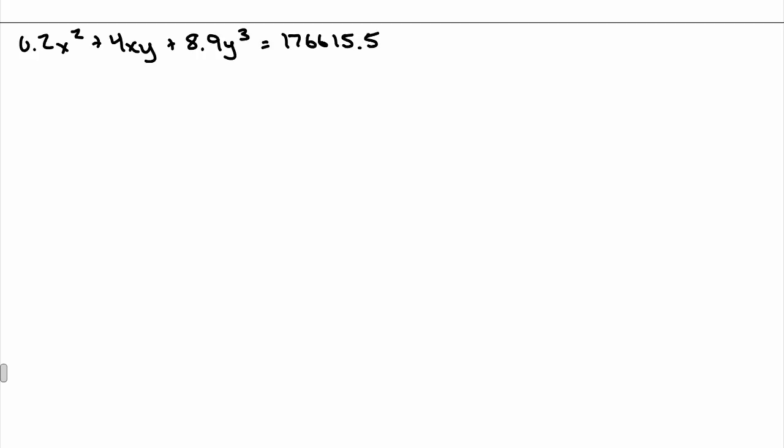So the first step is that we're having to do implicit differentiation with y with respect to x. So we have to take the derivative with respect to x of this first equation. Now for the middle term, the 4xy, we're going to have to do the product rule. That means first times the derivative of the second plus the second times the derivative of the first.